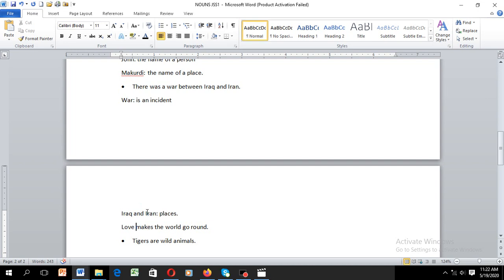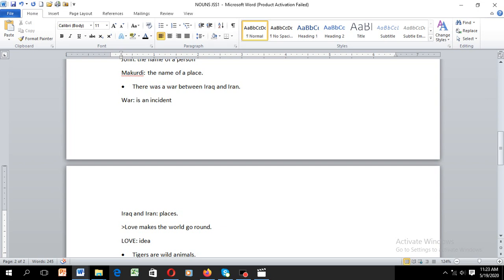Yes, the next one is love makes the world go round. So the first noun we will be underlining here is love. Love is an idea. It's what I think about.